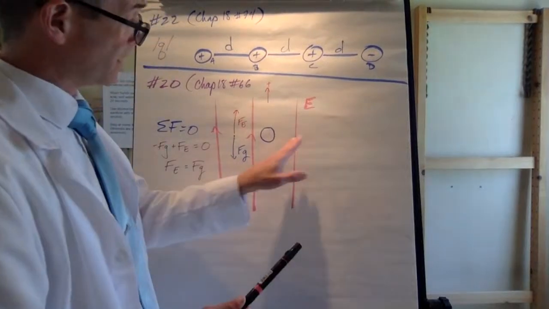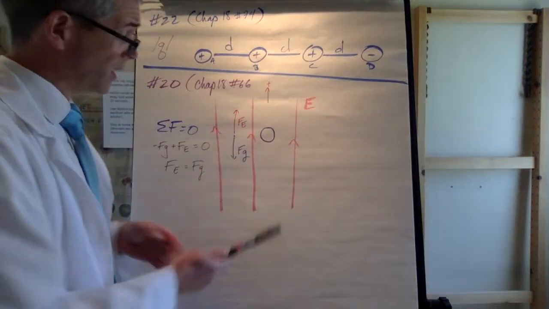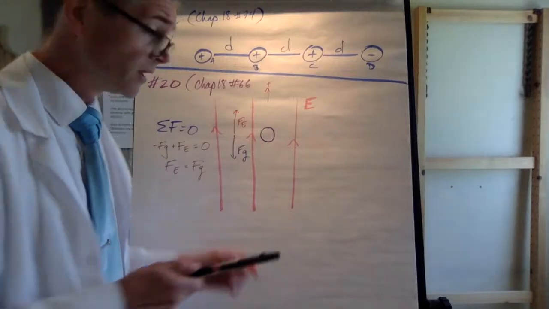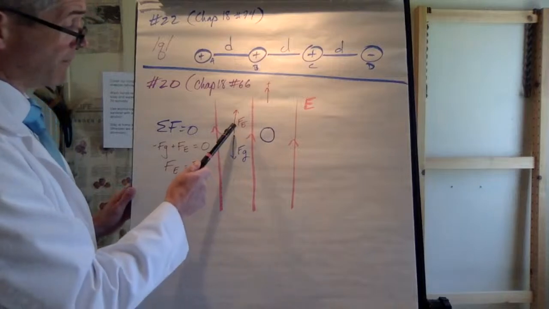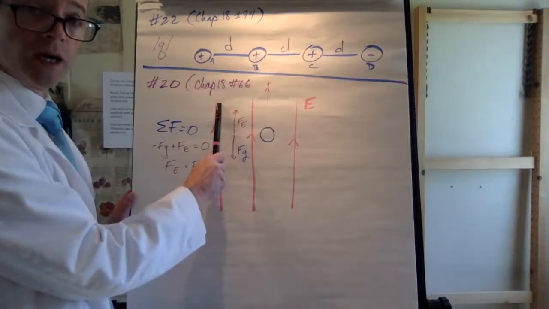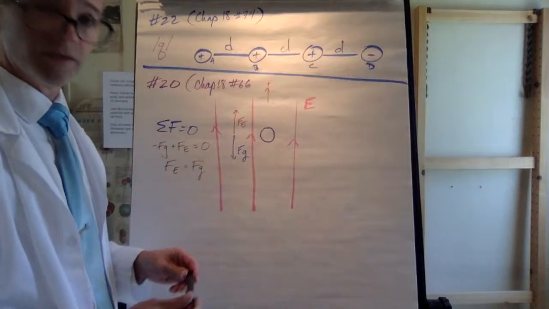So the electric field points in the direction that a positive charge would feel a force. If my field points up and my electric force points up, the charge on this water drop must be positive.